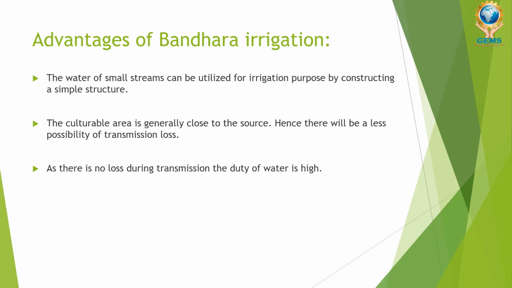We know what perennial is: the river flow should be continuous. A non-perennial river, which flows only during the season, should be avoided. The river should flow throughout the year, and that place is an advantageous place for the construction of a band.